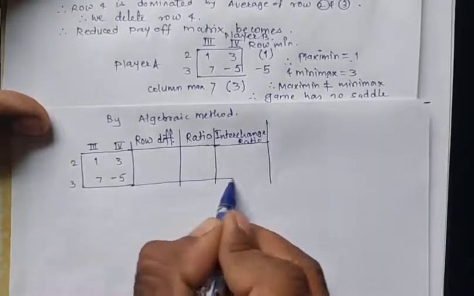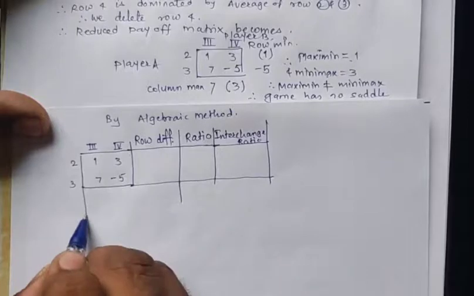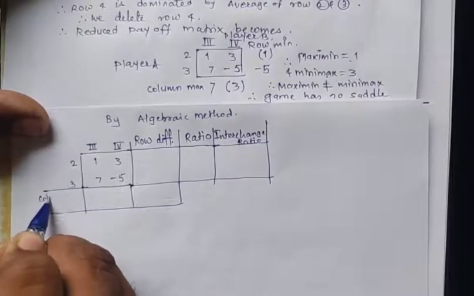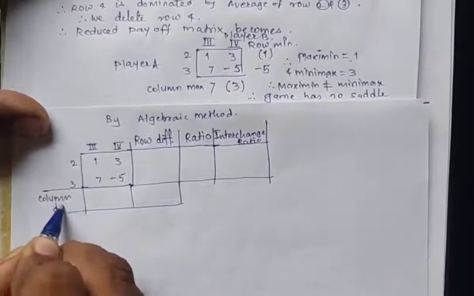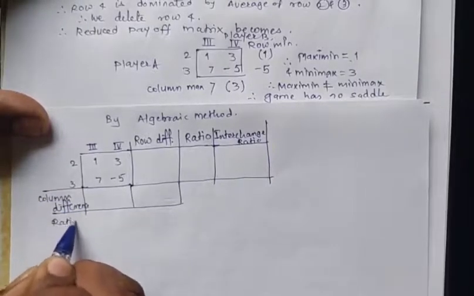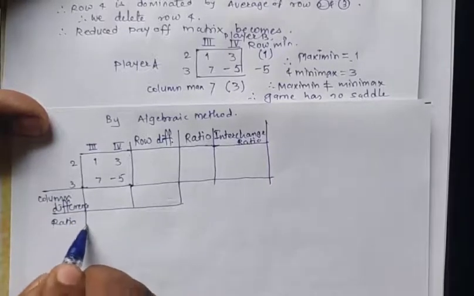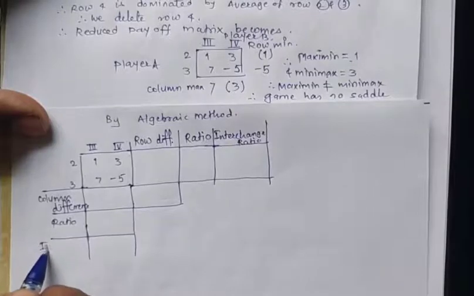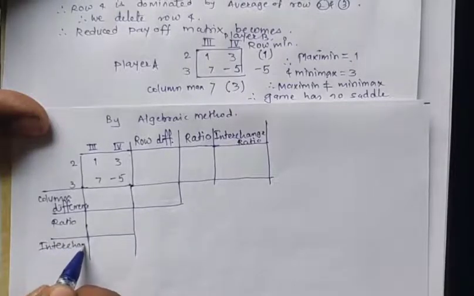Okay, next one, again here is column difference, next ratio, and last one, interchange ratio.